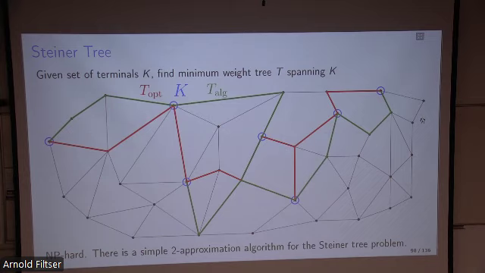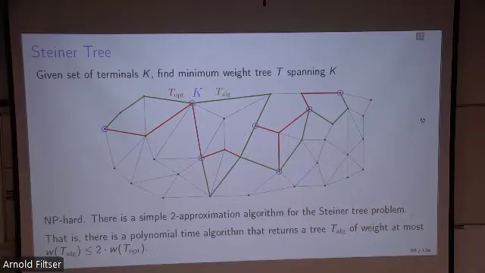But there's a very simple two approximation algorithm. Actually, the best known factor is 1.3 something. I don't remember exactly, but there's some lower bound as well; you cannot get 1 plus epsilon or something like that. And this is the classic Steiner tree problem. So let's see exactly what I mean by two approximation.